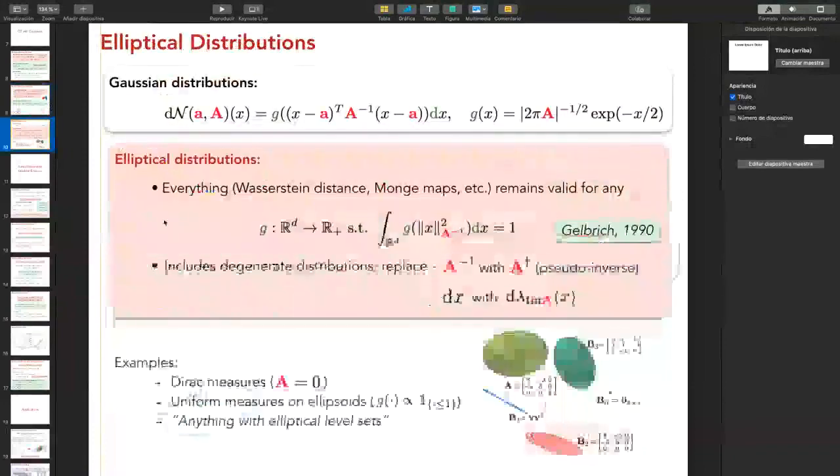Which means that if you apply the map from an elliptical distribution to another, at any time along the way you're going to be in elliptical distributions. Which is something very particular. So if you can show this for your example, relaxed to convex bodies, then there's something that can be done, I guess.